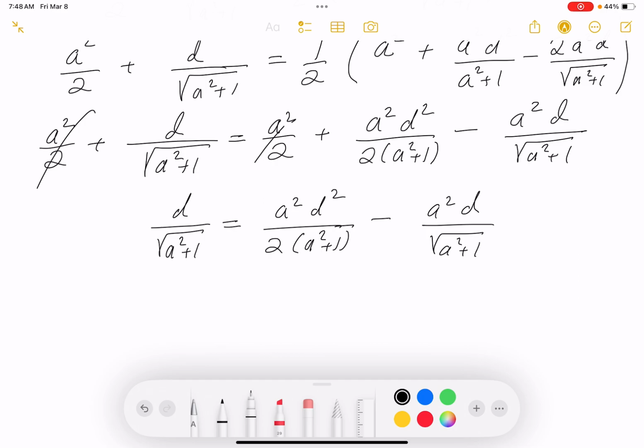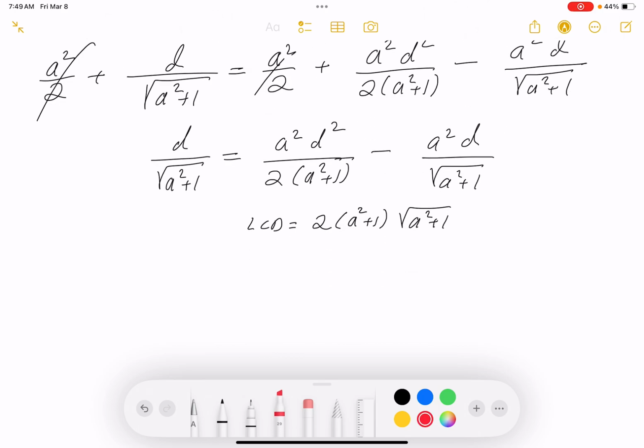So I'm looking at this, and I want to clear the fraction. To clear the fraction, I'm going to multiply by the LCD. So let me write the LCD down for you. LCD, I see a 2. I see an a squared plus 1, and I see a root of a squared plus 1. And I'm going to multiply all 3 terms by that.